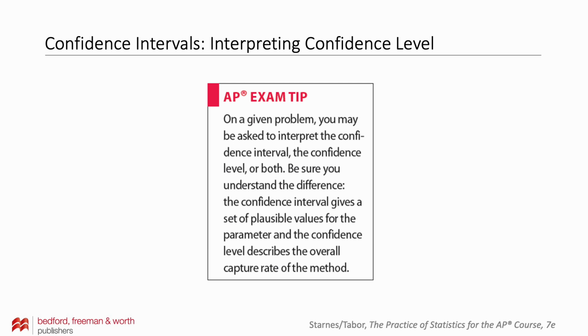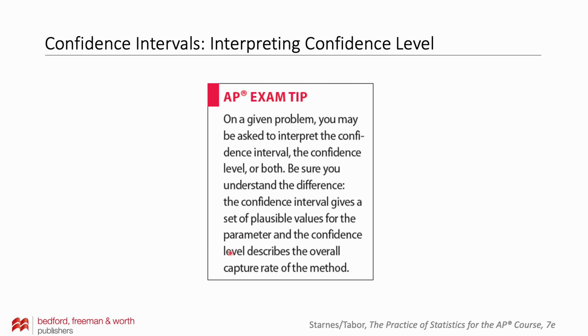Now make sure to read the AP question, because on a given question, they can ask you to interpret the confidence interval, the confidence level, or both. You do need to make sure that you understand the difference between them. Confidence interval gives a set of plausible values for the parameter, so different intervals.